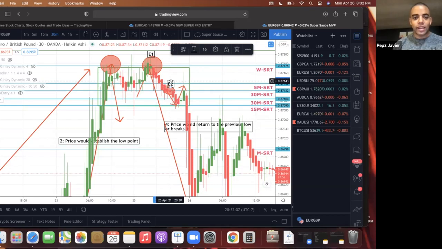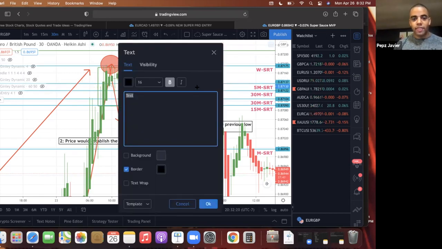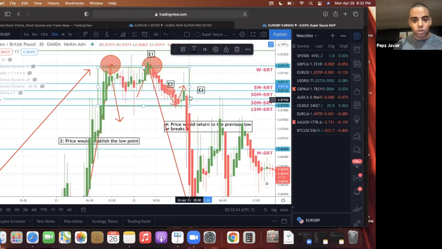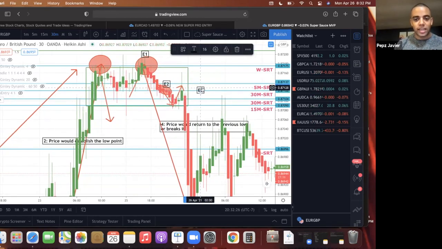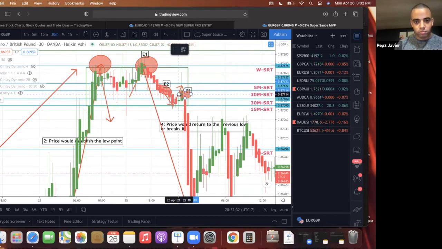But then wait, let's say you missed that also. Price came back where the buyer's candle closed in, retested that E2 entry level, and if you would have waited for it to close and would have seen the opening of this candle, you also would have had your E3.